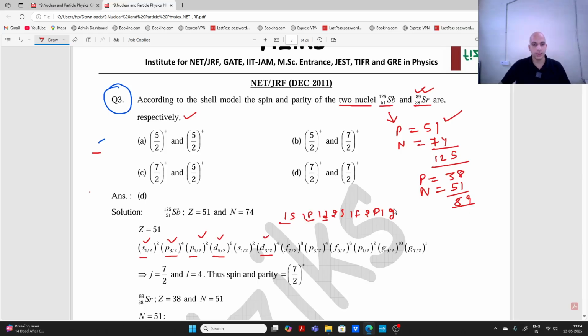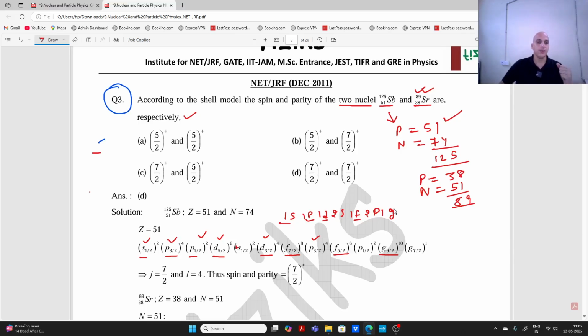Here they are not considering the value of n, so writing it at n only, it is basically 2s. So it comes between these two cells. Then this one 1d, and then 2s in between, then we have 1f. I have also told you that in the case of 1f, the 2p comes in between. I mean 2p 3/2 comes between these two cells, and then 1g is the next, right?